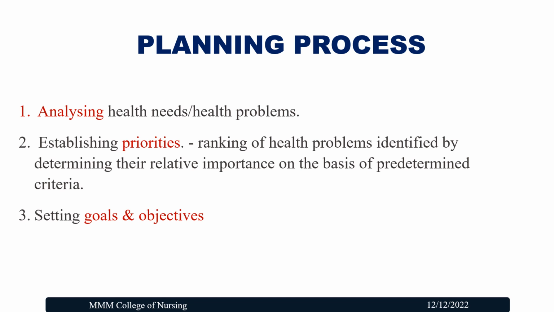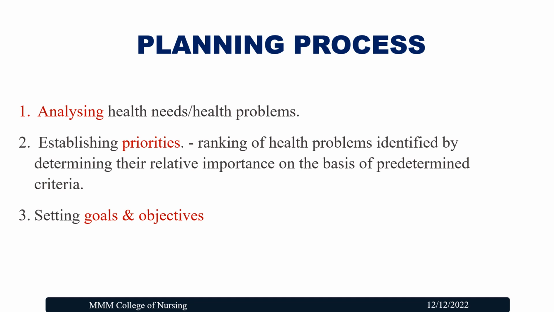When we are doing the planning, first we should analyze the health needs or the health problems existing in a particular community or in a village. After analyzing, we need to prioritize, deciding which to give more importance.